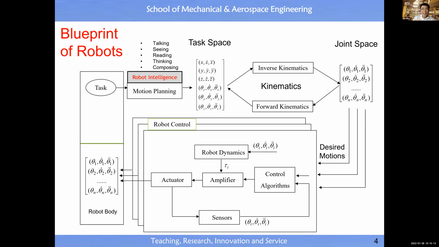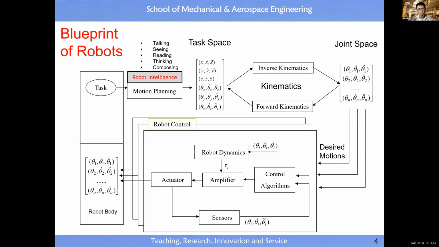All right, and here you see there's a box with the keyword robot intelligence. That indicates what the future development in robotics should be: to make a robot have a human-like mind. This is because we can autonomously plan our motion, make decisions, etc. The reason is because we have a mind, a human mind, all right?